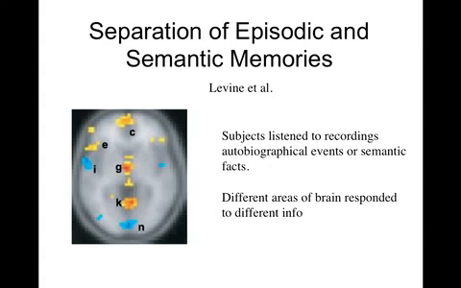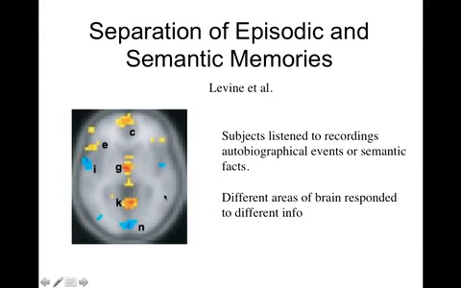Either they're just thinking about semantic facts, things like facts about the world, or listening to themselves recorded talking about autobiographical events, events that have taken place in their life, and then they're recorded from the brain and measured for where there's differential activity.